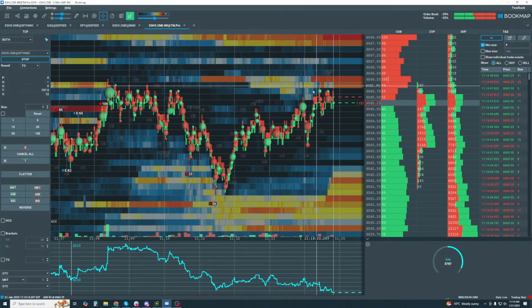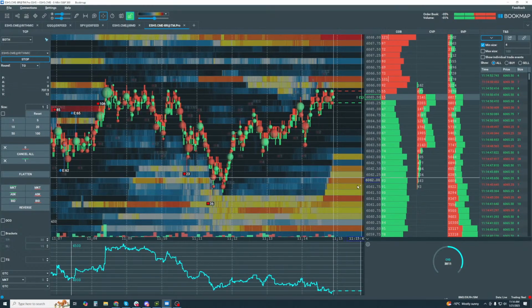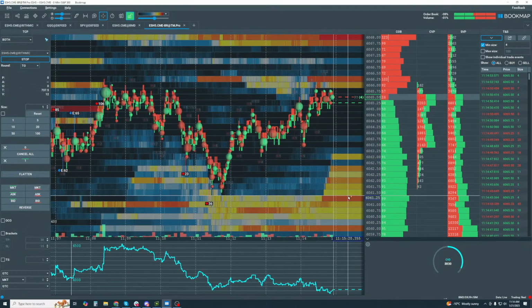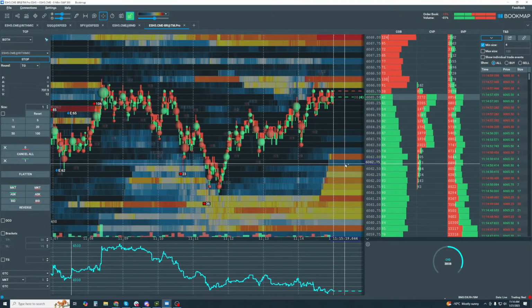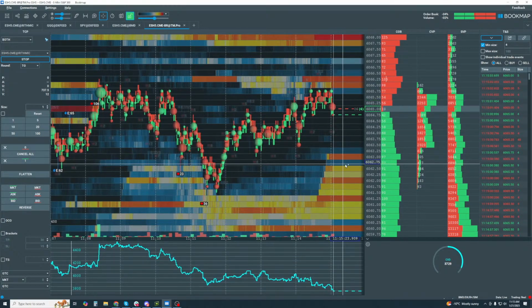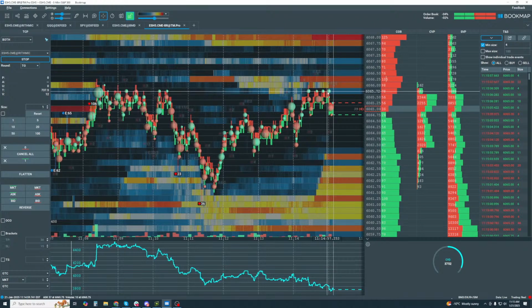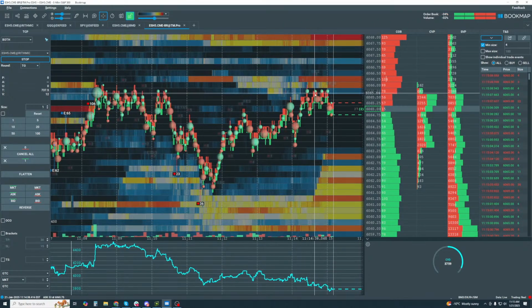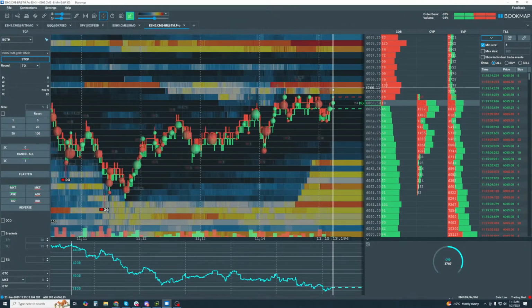But it just doesn't look all that convincing at the moment. Stacked book on the bid looks pretty good here. I like this a lot. See how we just didn't find enough here, even after on a smaller time frame, 1, 2, 3, 4 tests more.